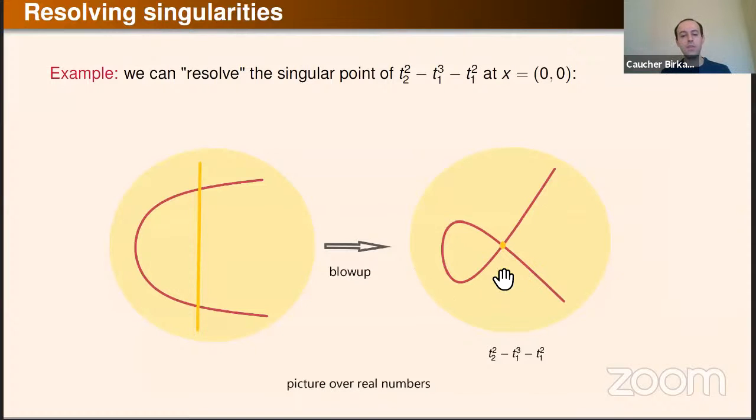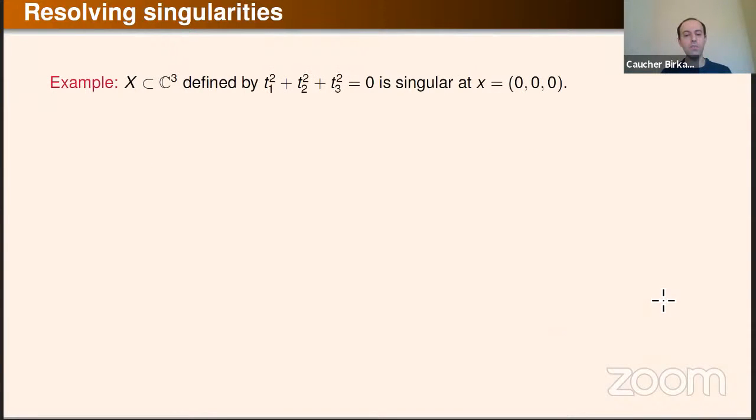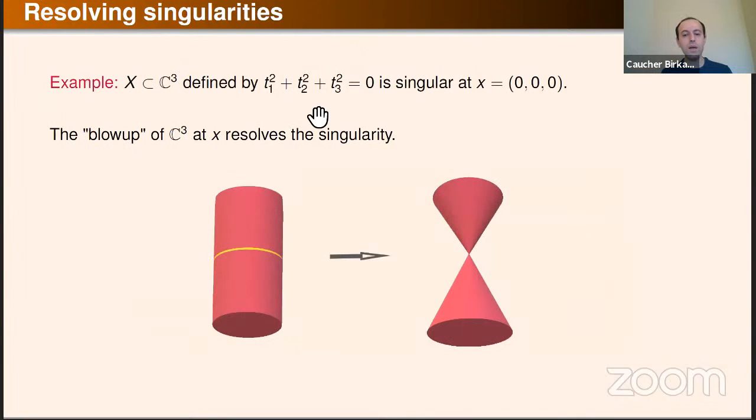So in this example, it's very clear to see, at least if you just know what the definition of a blow-up is, you see immediately why this is the case. But the amazing thing is that this happens to be the case in much more general settings. For example, in this other example, I take t1 squared plus t2 squared plus t3 squared.